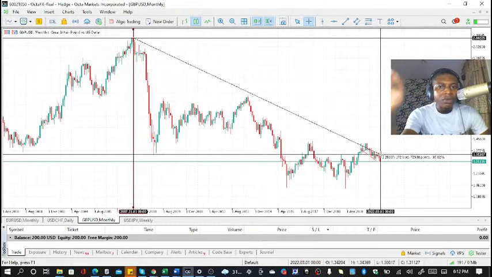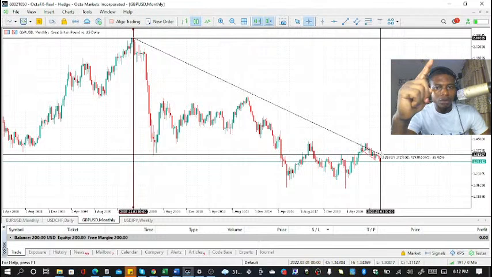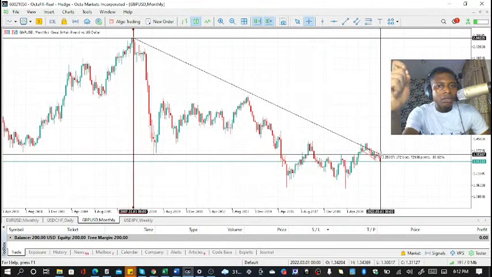Now, I come again. The monthly time frame is telling us here that from 2007 down to today, the pounds USD has been bearish, signifying that the dollar has been having more value than the pounds since 2007.